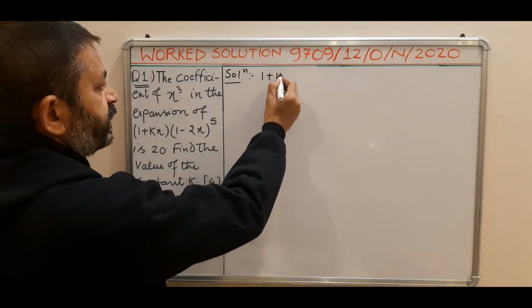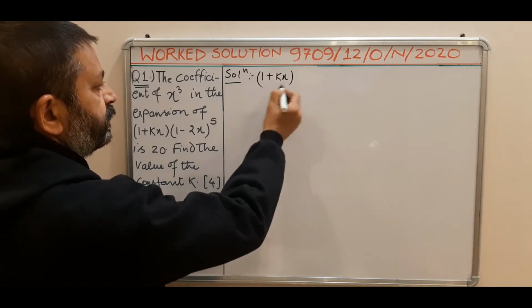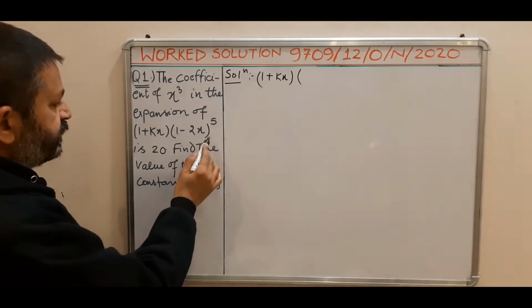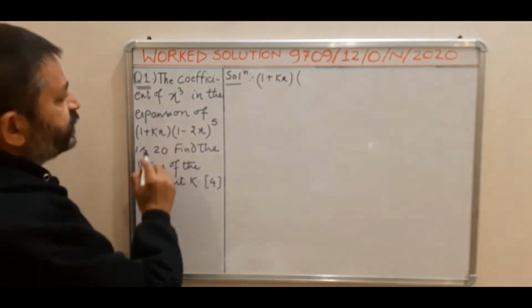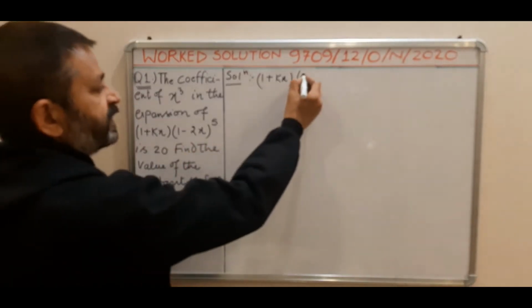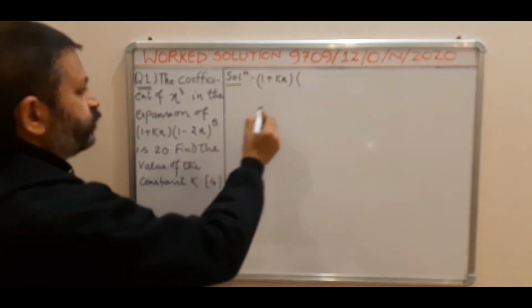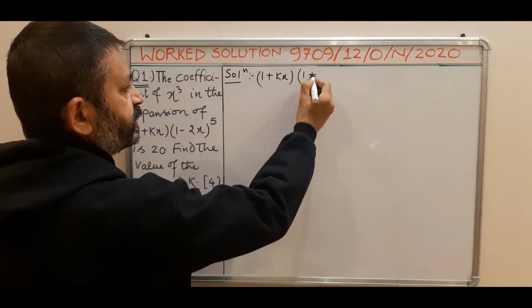So it is 1 + kx. First we'll expand this, and the coefficient of x cube is given. So we'll expand it up to the term with x cube. So it is 1 + nx.